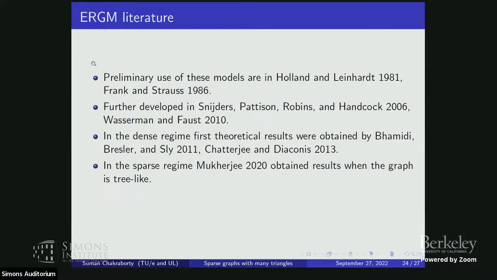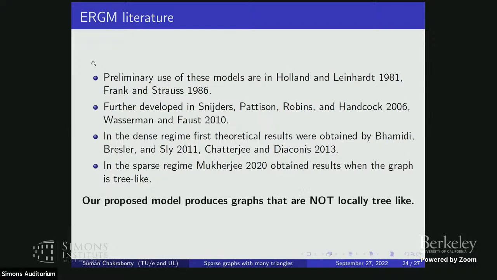Okay, I'm almost done. So we had to develop new machinery. This is the conclusion: our proposed model produces graphs that are not locally tree-like, and they're still sparse. They still have some anomalies.